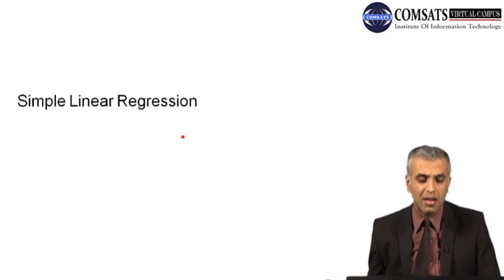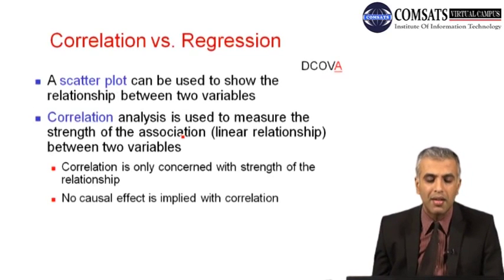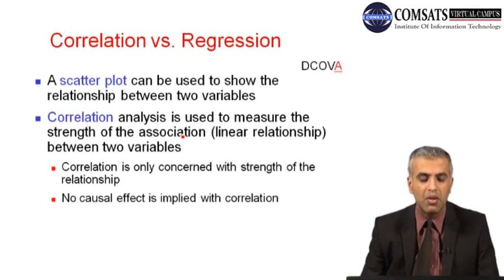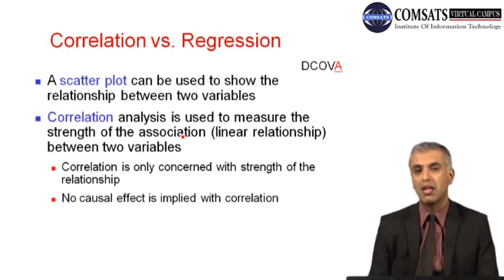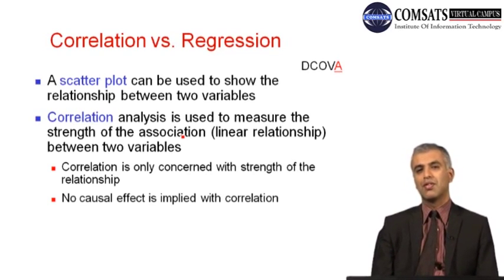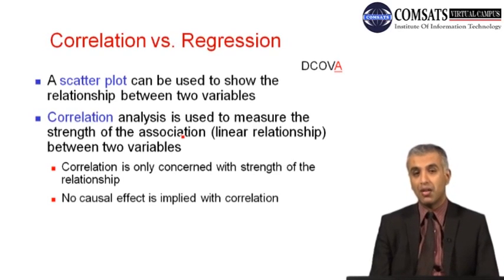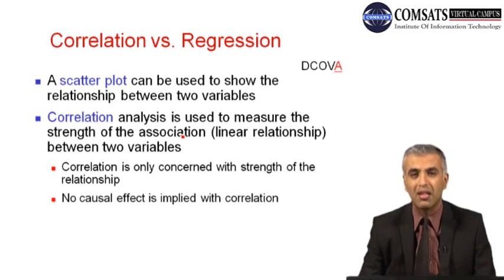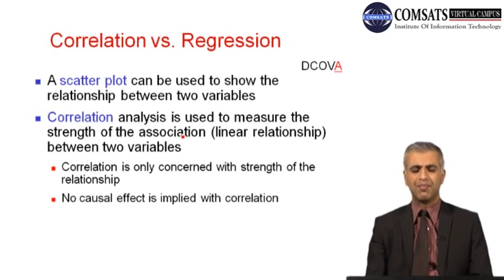Coming to the details of simple linear regression, as you can see, the difference between correlation and regression: we know that the scatter plot is used to determine the relationship between any two variables, and the scatter plot is in fact a graphical representation of the whole correlation process. Correlation analysis gives us figures in the form of R or R square, which give us the strength of the association between any two variables.